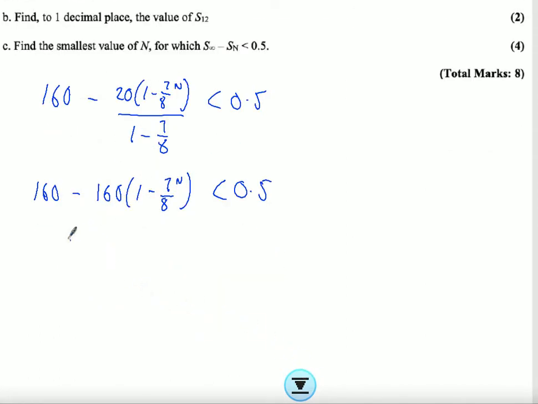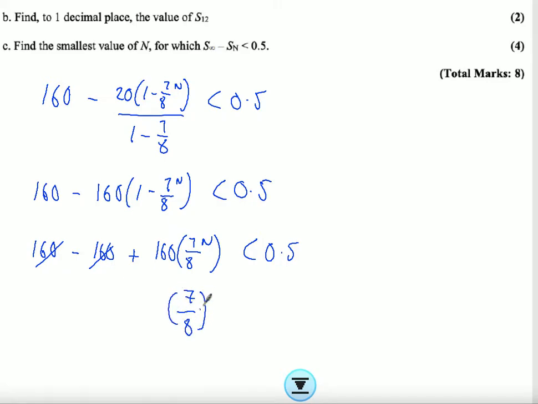Right, okay, so I can expand this. So subtract 160, add 160 lots of 7/8 to the power of n, and we want that to be less than 0.5. The 160 and the 160 cancel out. So now I'm going to divide both sides by 160.